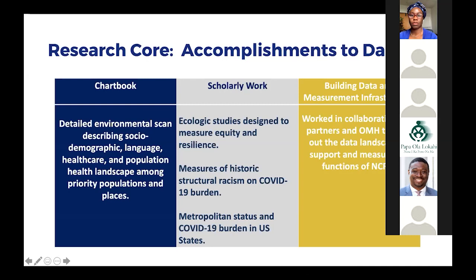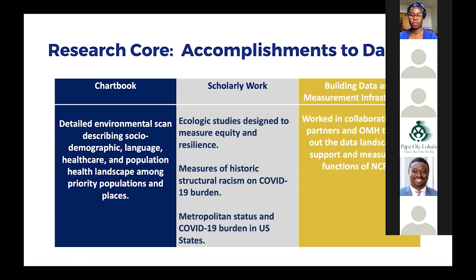Our group has also produced a detailed chart book that is approximately 350 pages, that is a detailed dive into the socio-demographic, language, healthcare, and population health landscape among both our priority populations and our priority areas or places. This includes language around the built healthcare infrastructure, but also around the social needs of populations living in places and the inequities in those social determinants of health.